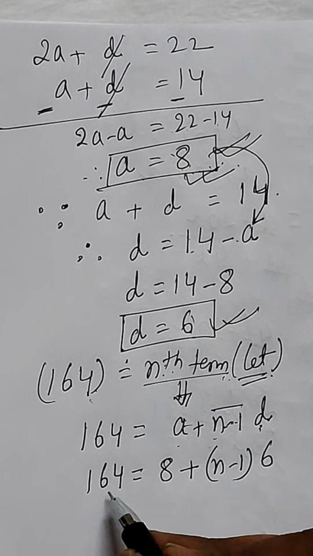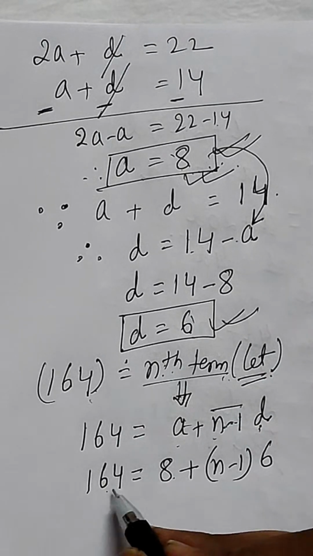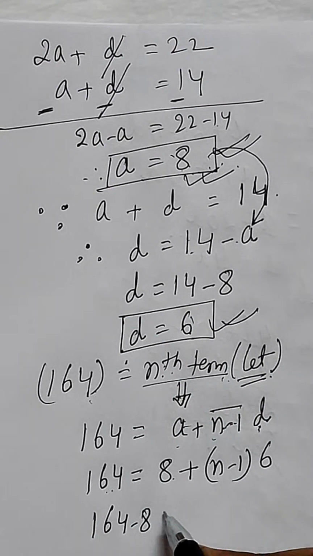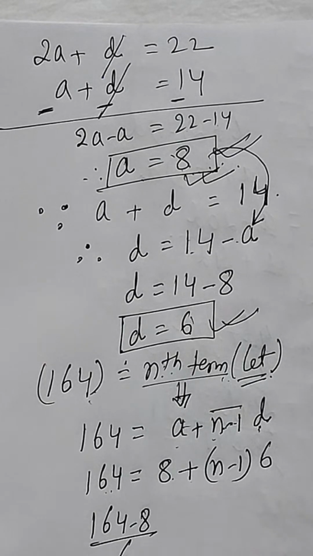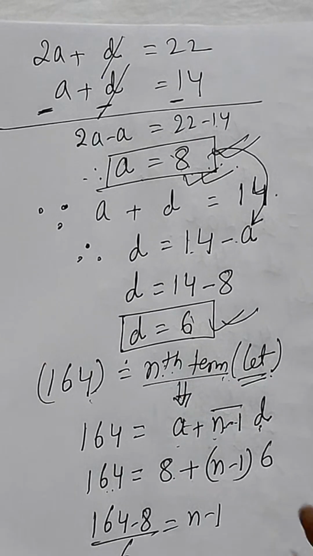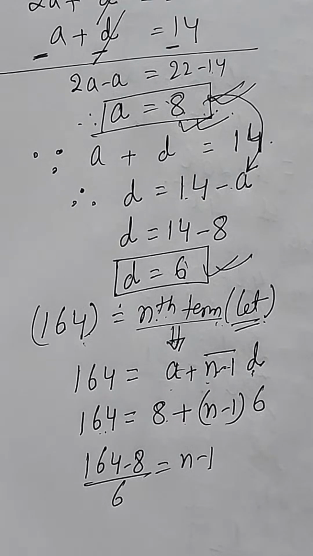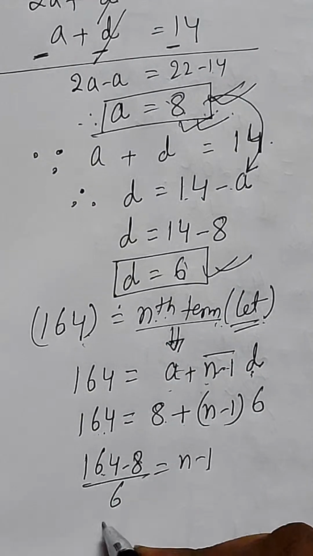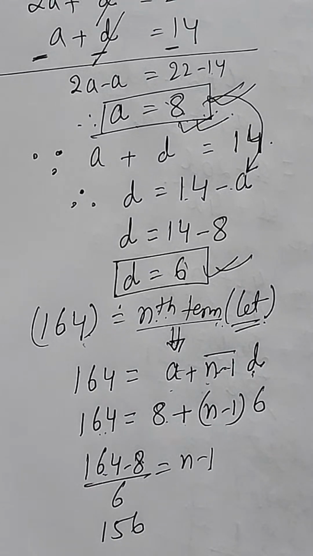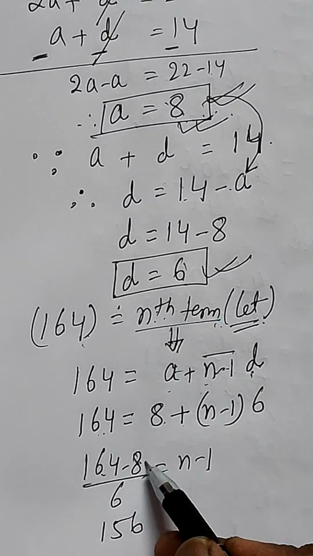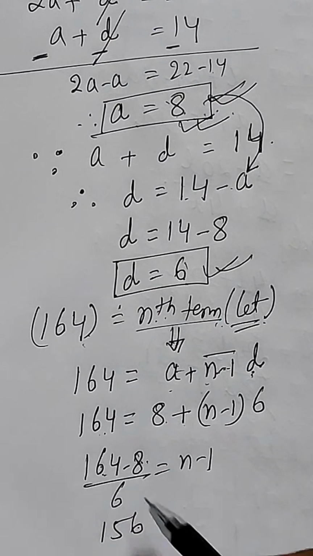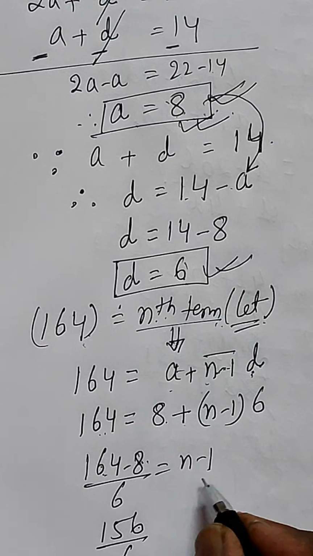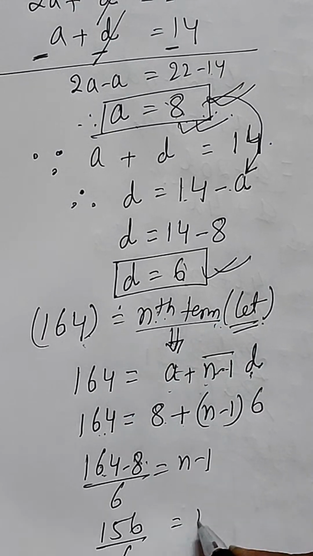Now solve it. 164 minus 8 from the LHS, divided by 6, will give you the value of n minus 1, right? Now 164 minus 8 will be how much? It's 156, isn't it? 156 by 6 is the value of n minus 1, right?